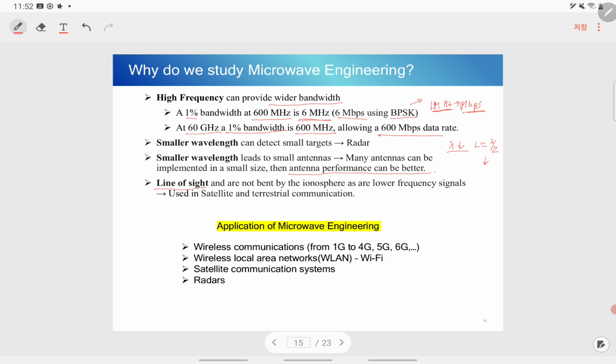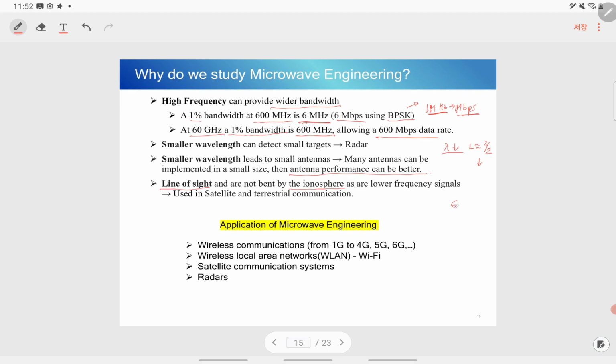And then the last thing is about line of sight. This is discussing the ionosphere of the Earth. So we have GPS communication, right? The navigation system utilizes the GPS signal from the satellite.